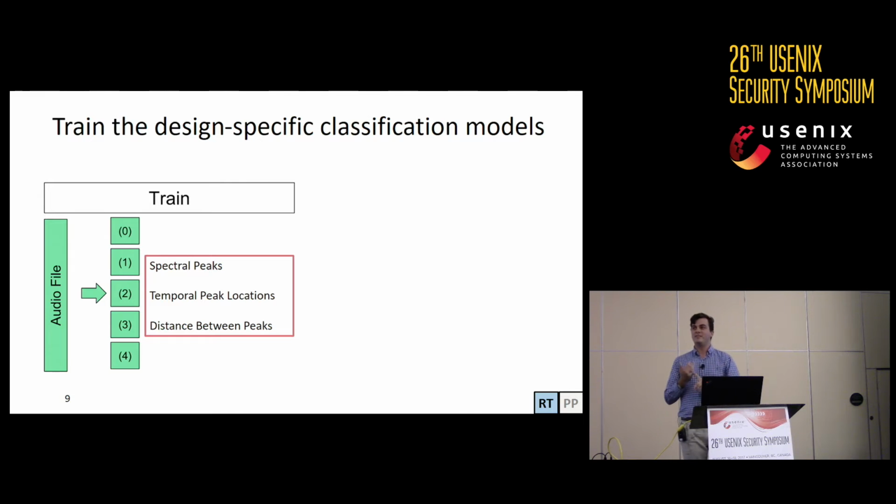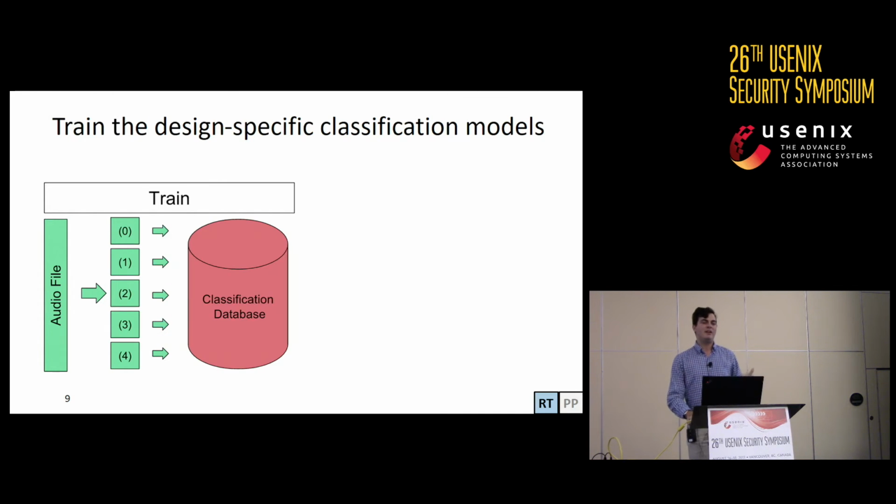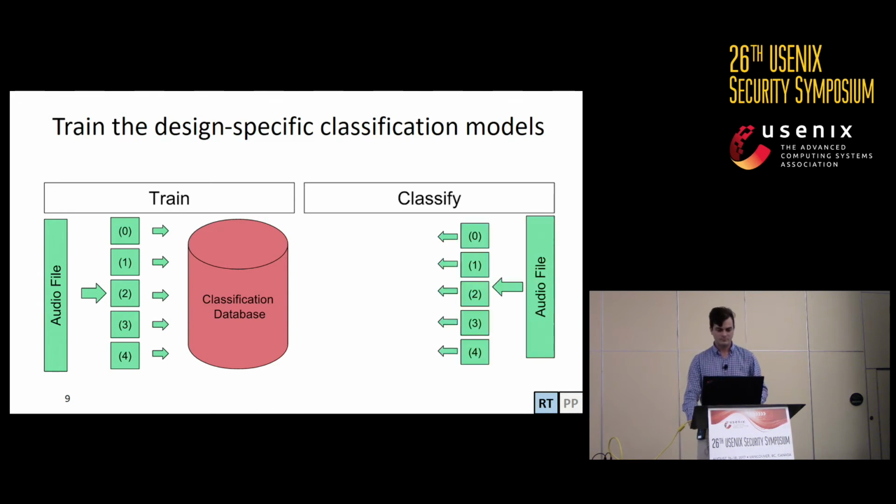So for each of these segments, aka songs, we're going to find the spectral peaks, the temporal location of those peaks, and the distance between adjacent peaks, and form what we call a peak constellation. The metrics of that peak constellation are stored in the database. So the database represents the printed object itself, and each quote-unquote song stored in the database is a segment of the acoustic profile.